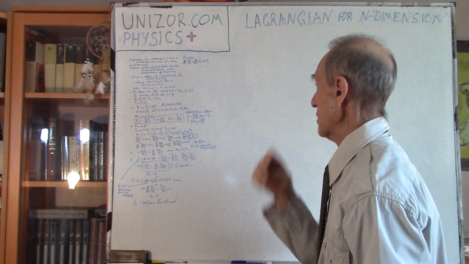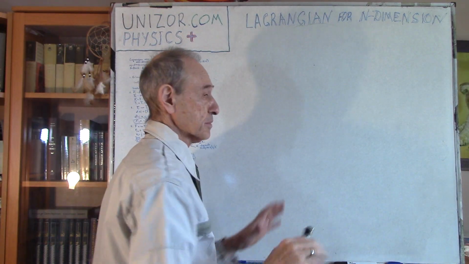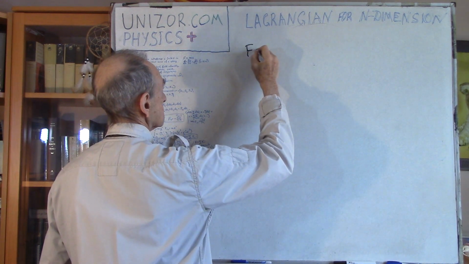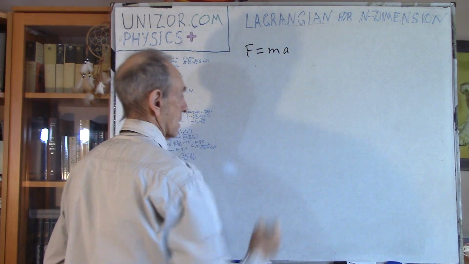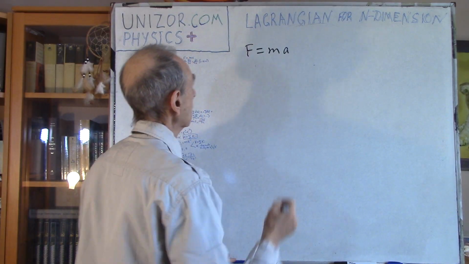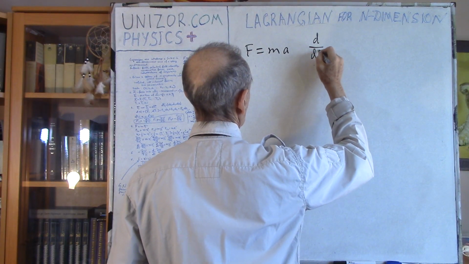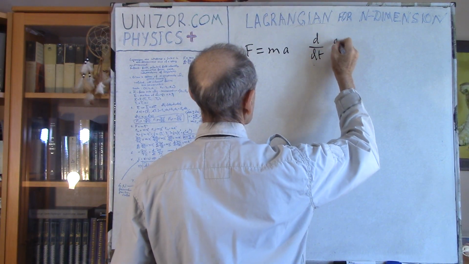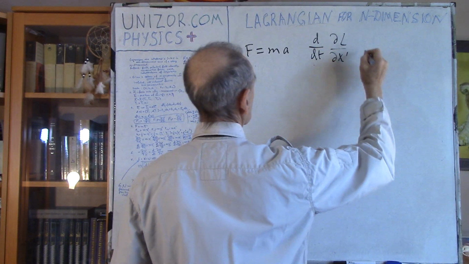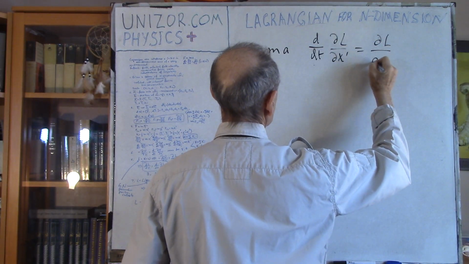Okay. So, what do we have? First of all, let me start from the one-dimensional case and recall the equation for the second law of Newton: d/dt of dL/dx' equals dL/dx.